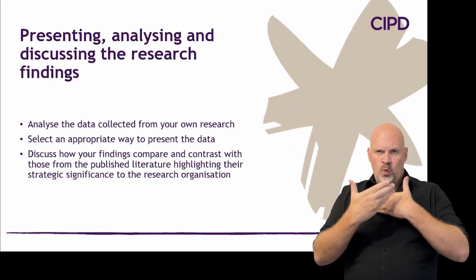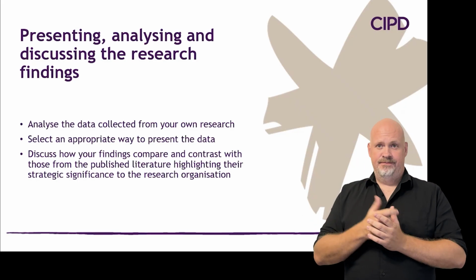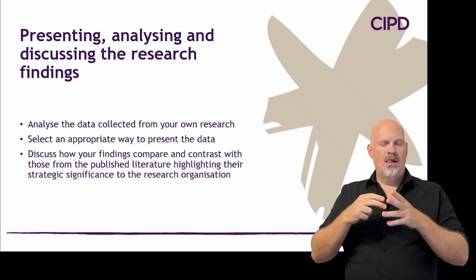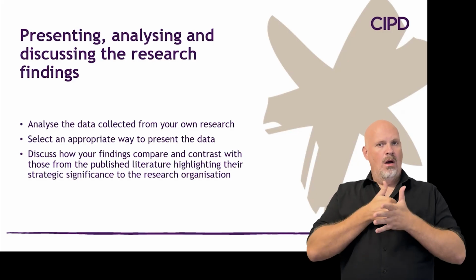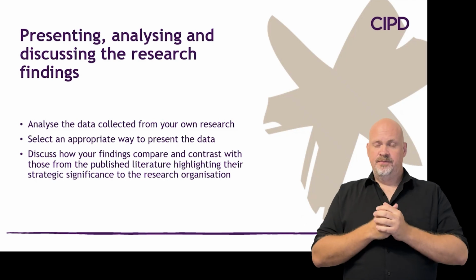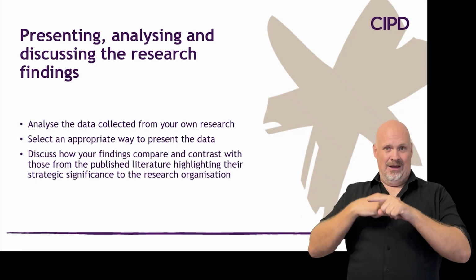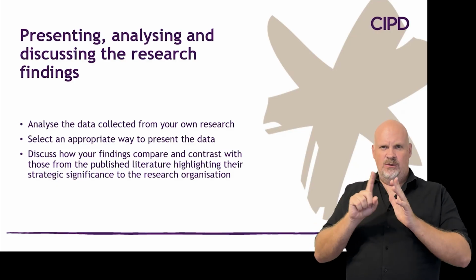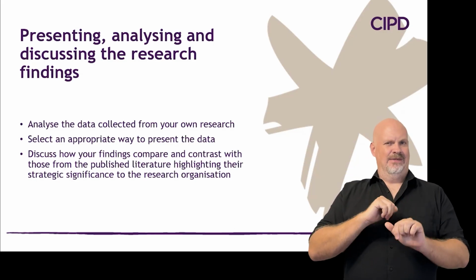So looking at what has been said in the literature review about addressing this research aim and about this particular subject, and how your findings compare and contrast, but also thinking about the strategic significance to the research organisation. So thinking, well, what does this mean in terms of what are the implications of the research to the research organisation?